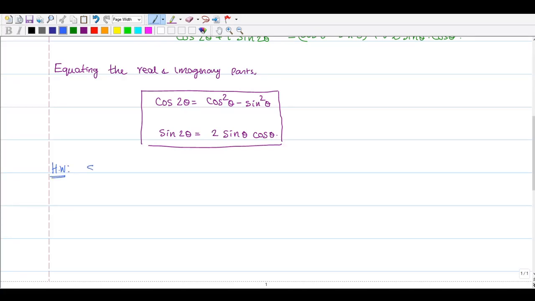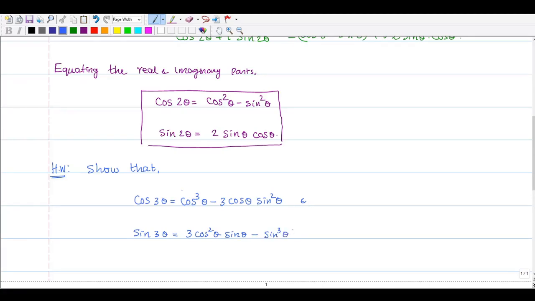Show that cos 3 theta is equal to cos cube theta minus 3 cos theta sin square theta, and similarly sin 3 theta is equal to 3 cos square theta sin theta minus sin cube theta.